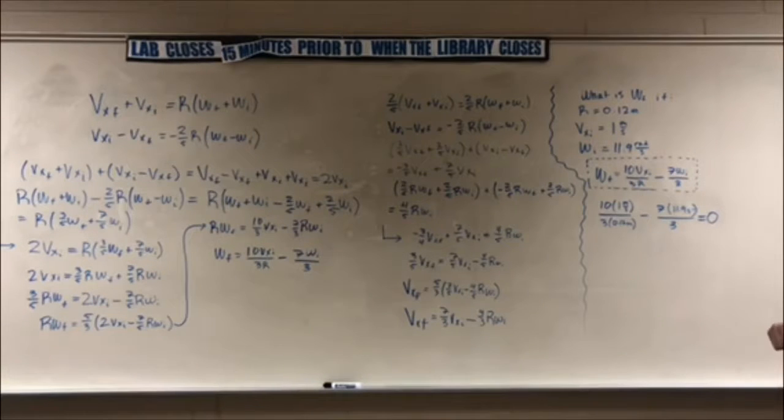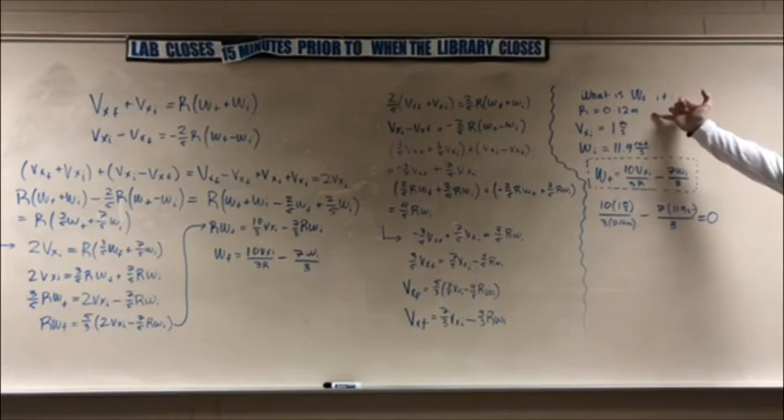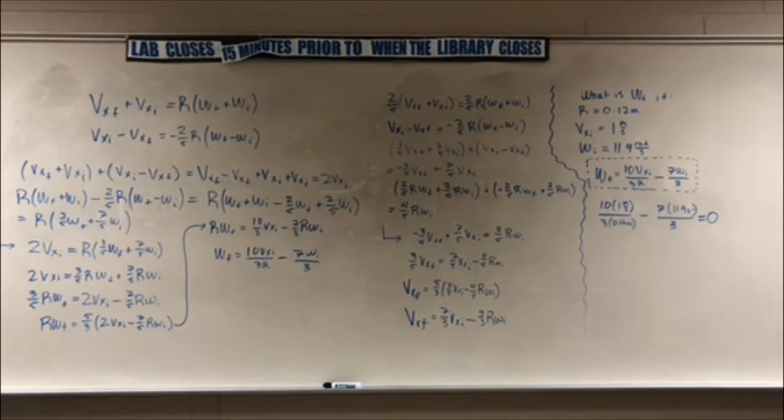So these are two functions that get you omega final and Vx final in terms of Vx initial and omega initial. So if a problem were to ask what is the final angular velocity given R, which is just the radius of a basketball, which I looked up, and it's 0.12 meters, and if you were to throw it at an initial velocity of 1 meter per second, and with an initial angular velocity of 11.9 radians per second, you plug those all into your equation of omega final, and you get that it equals 0, which means that after it bounces the first time, it will stop spinning.